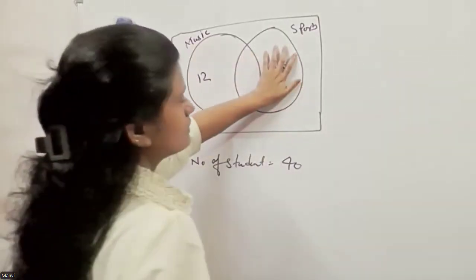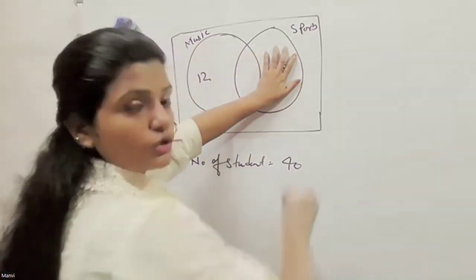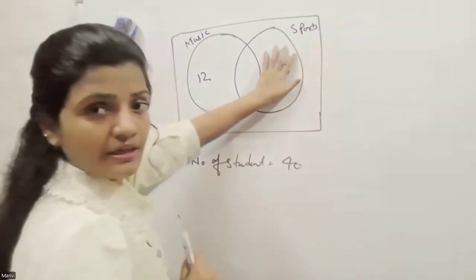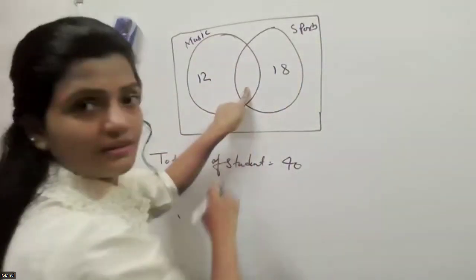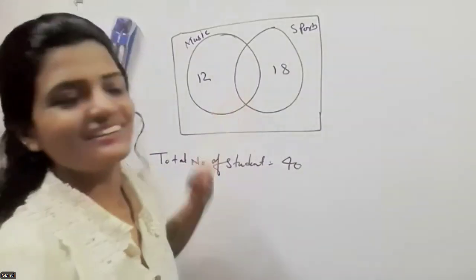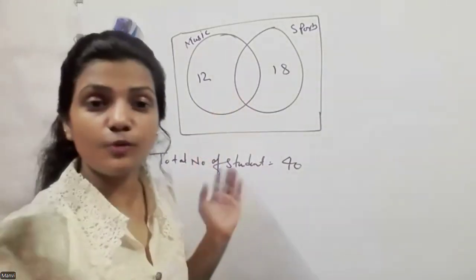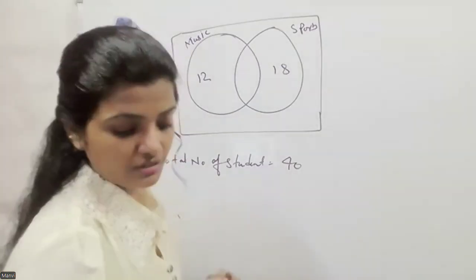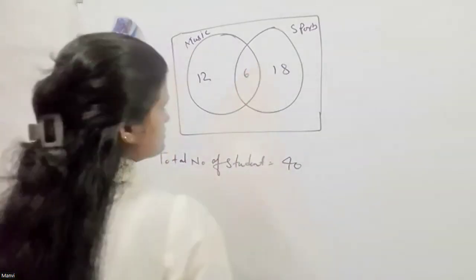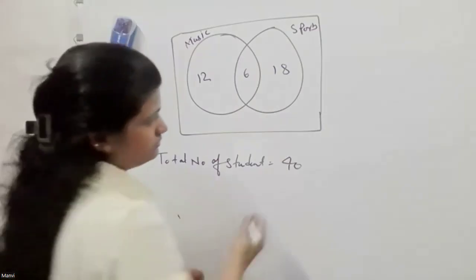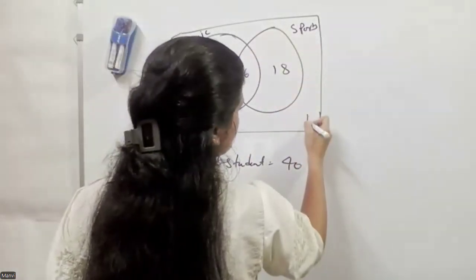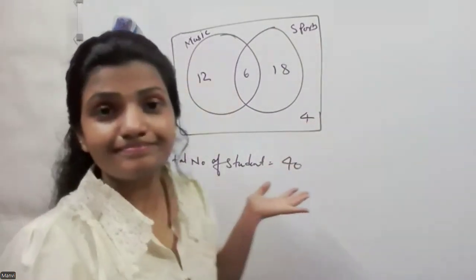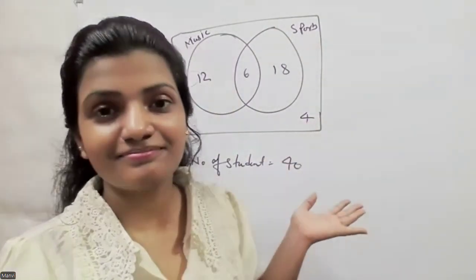Whatever I'm writing here means the number of students who chose sports. And whatever is written in between means they like both sports and music. Very good. The children who like both sports as well as music, which is here, this is 6. And whatever is written outside this circle means the children who don't like any sports or music.